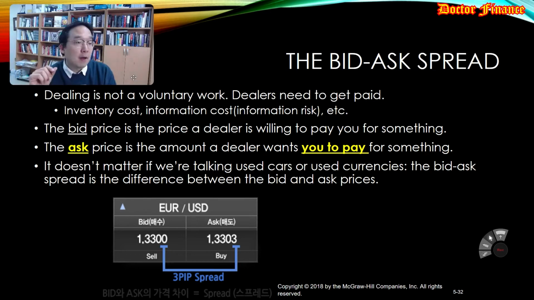What if the inventory value crashes like crazy, right? That inventory cost is there for you, and then information cost is also there. New information about this country's macroeconomy may affect this inventory value, right? So two components affect this bid-ask spread, the difference.